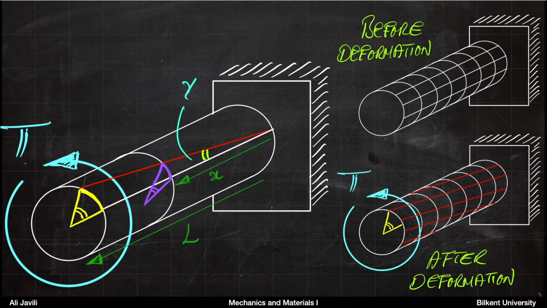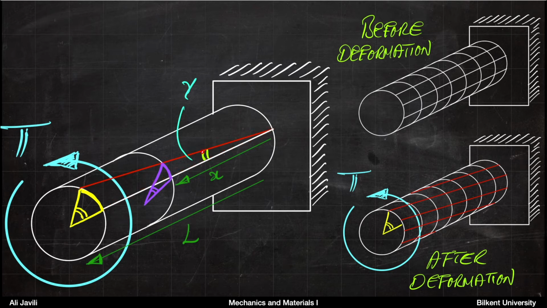So what we want to do is to find a relation between the angle of twist and torque. If you look at the shaft again and enlarge it here, imagine that the length of the shaft is L, and then we have the x coordinate starting from the base, and this would be our angle of twist at L. But also if you look at those longitudinal lines, let's say you had a line here, the white line that it was before the deformation, and then you twist it, so you get the red line.